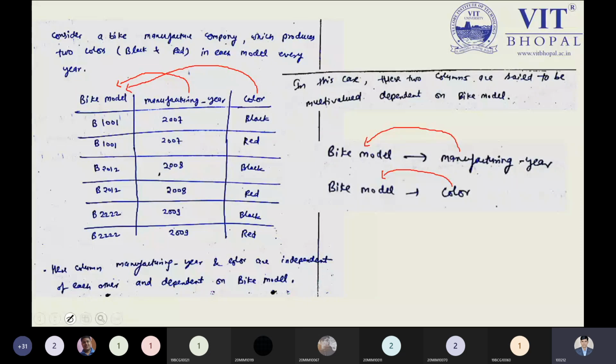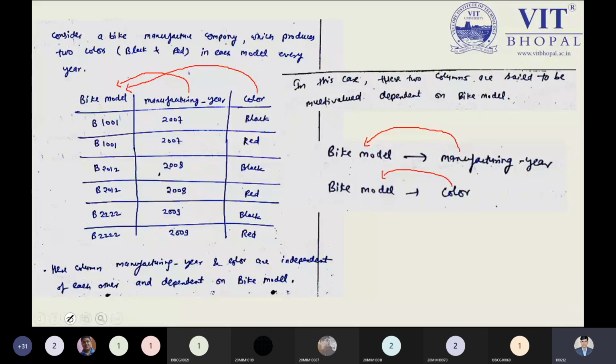So a multi-valued dependency will occur when we have a dependency on more than two independent attributes. This is a simple definition we have to keep in mind while understanding the discussion.